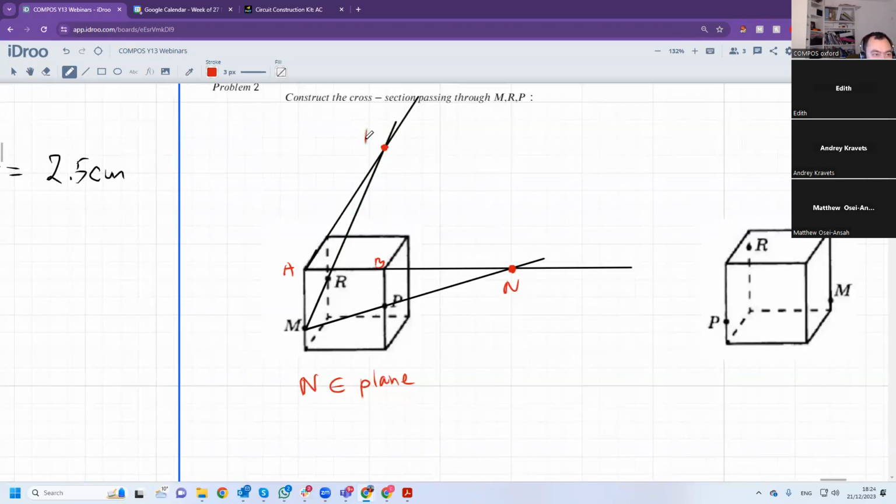Let's call it T. So T belongs to the plane.